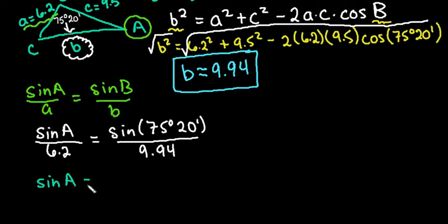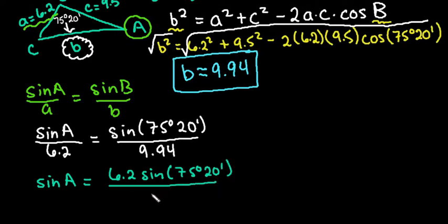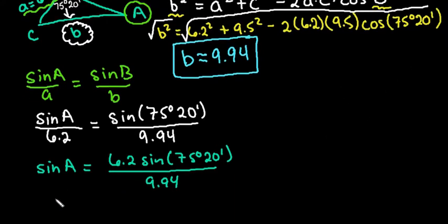So I have sine A is equal to 6.2 times sine of 75 degrees 20 minutes over 9.94. And remember, because we're finding the angle measure, we would just do the inverse sine of this value. So what I'm going to do is just go ahead and plug it in as the inverse sine of all of this information.